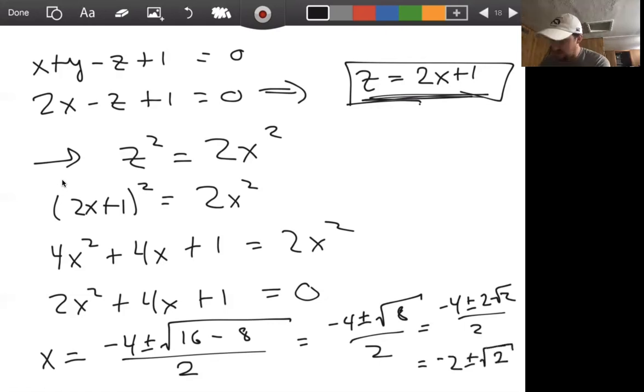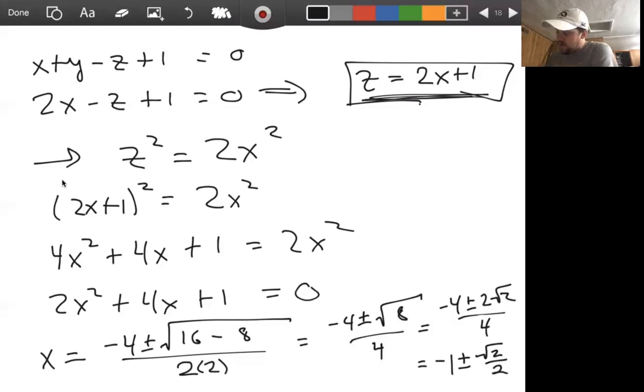So let's double check here. We have negative b plus or minus the square root of b squared minus 4 times a times c. So 4 times 2 times 1 is 8, right? And then this is all over 2a. So it's 2 times 2, which is 4, which makes this 4, which makes this 4, and which makes this -1 plus or minus root 2 over 2.